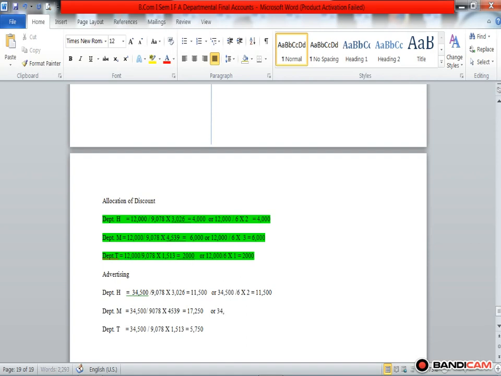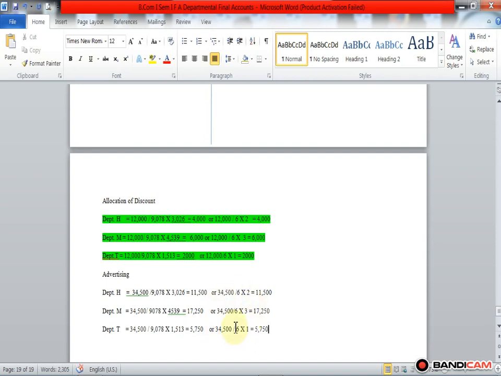Same as it is. 34,500 divided by 6 multiplied by 3 is equal to 17,250, or 34,500 divided by 6 multiplied by 1 is equal to 5,750.